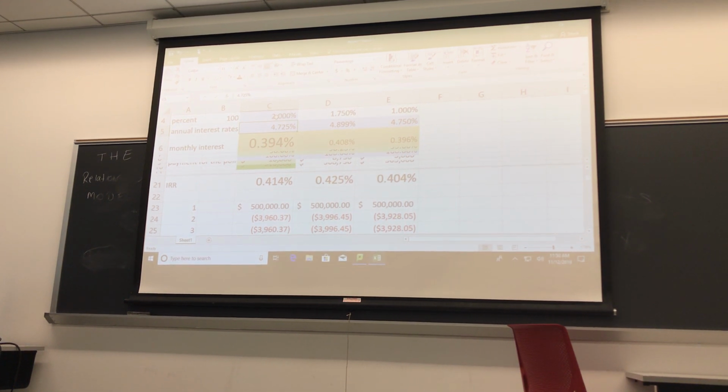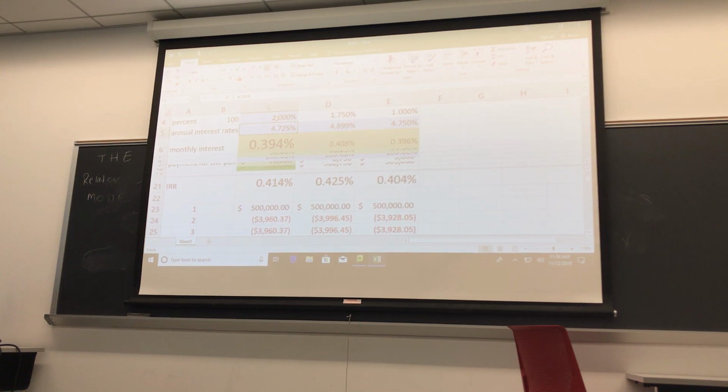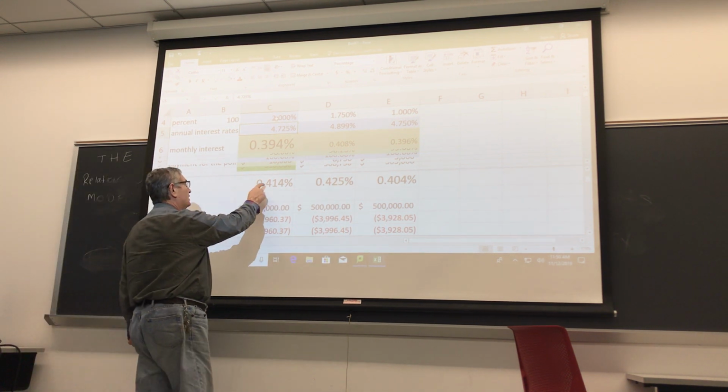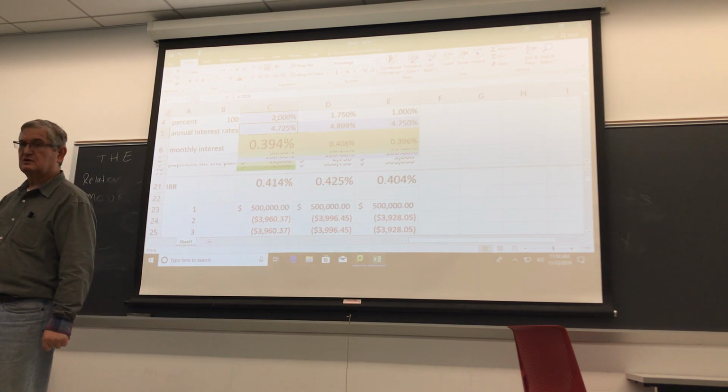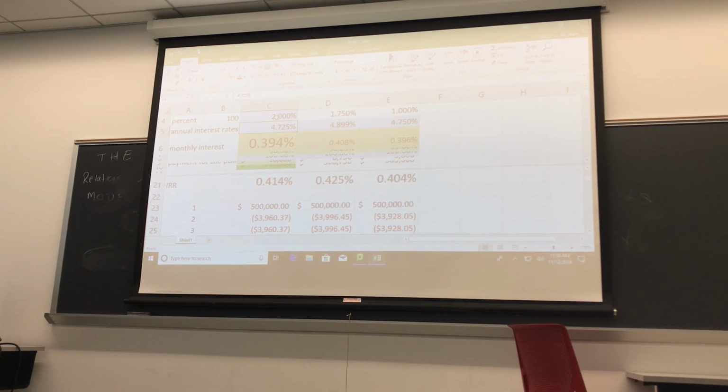What is the difference between the internal rate of return and the monthly quoted interest? Is there any difference? And what is the difference?